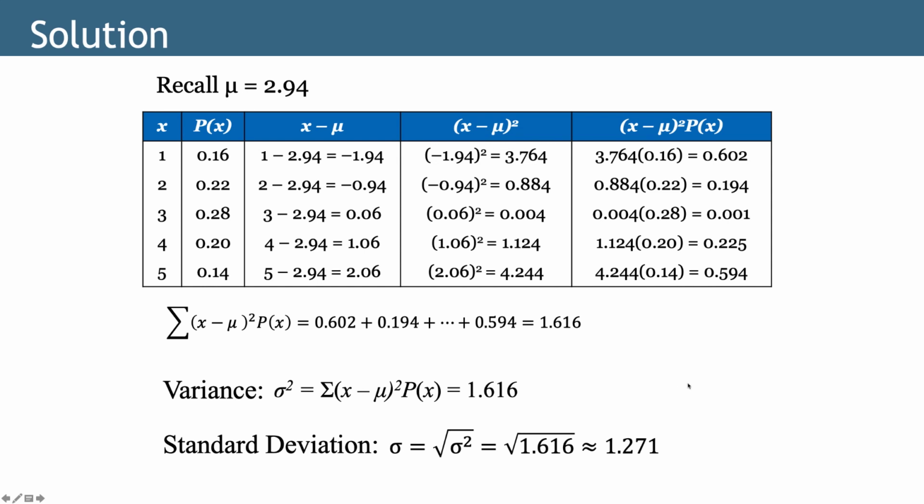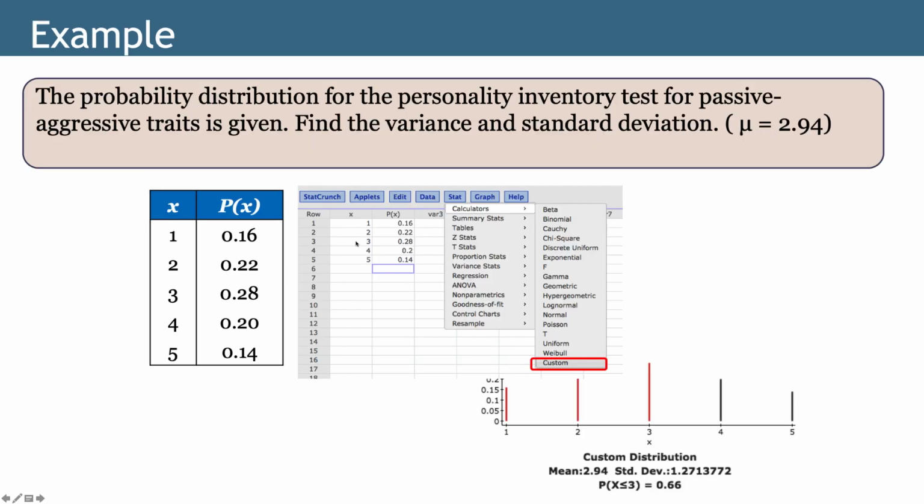Now, don't do this by hand. Nobody does this by hand. So many calculations, so easy to make errors. So use StatCrunch. In StatCrunch, type the data in columns. So here's my X, 1, 2, 3, 4, 5. Here are my probabilities. I typed them in. And then you can go to Stat, Calculators, Custom. Now, calculators you should think of in StatCrunch as distributions, and every probability distribution is custom to its probabilities.